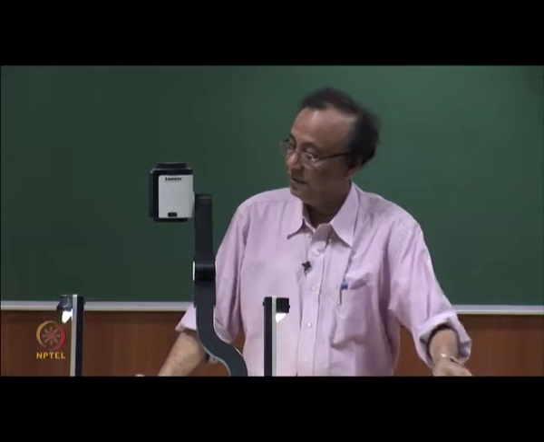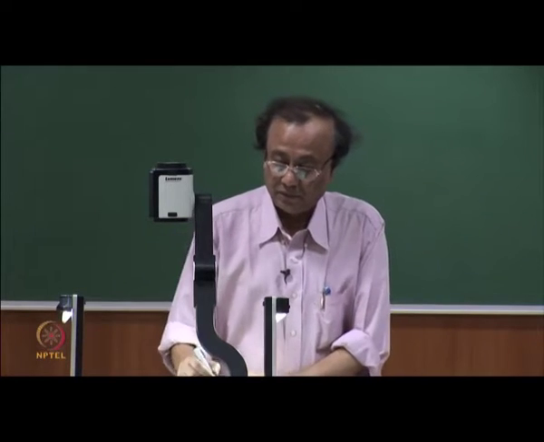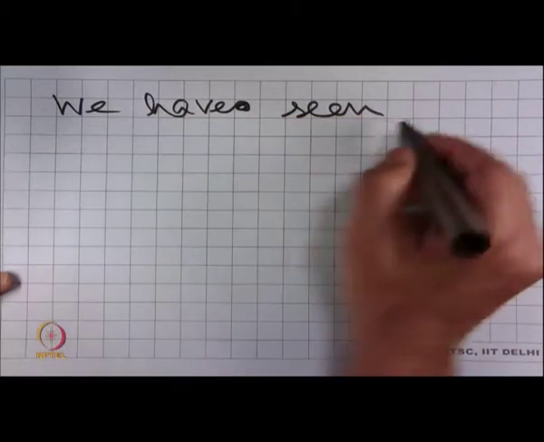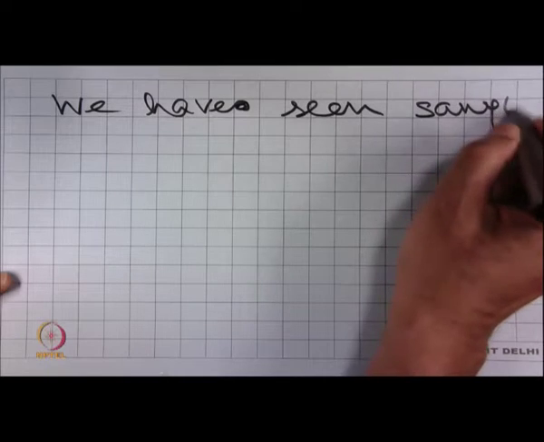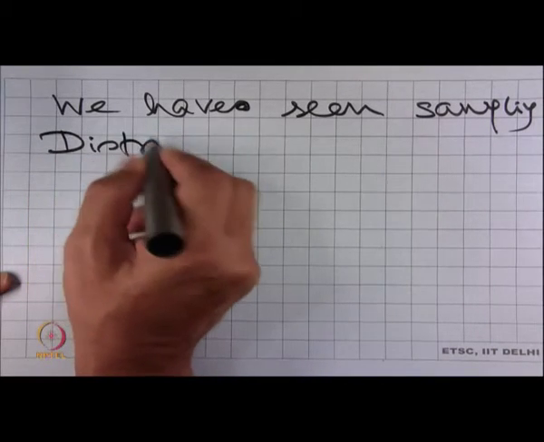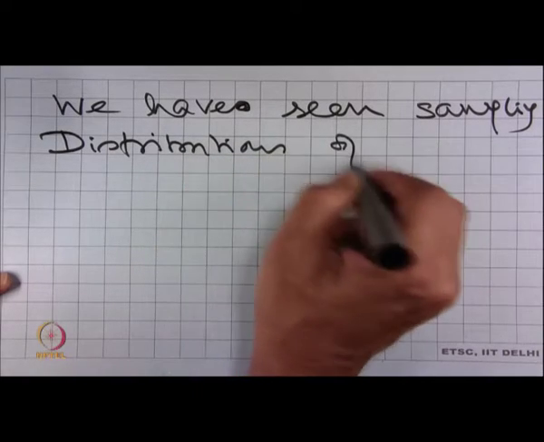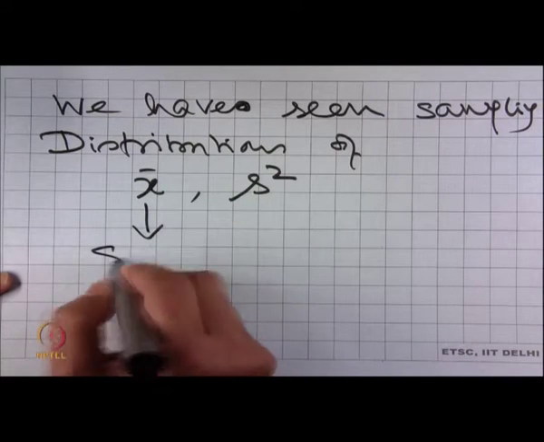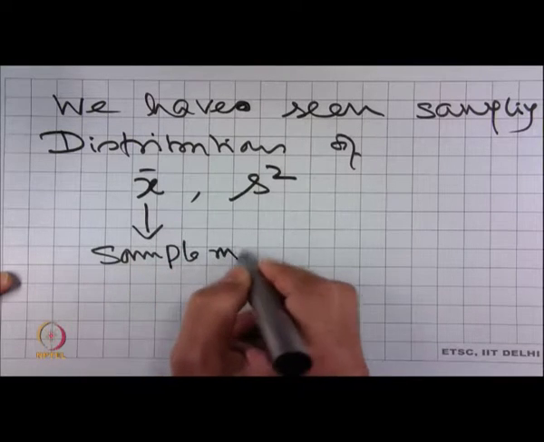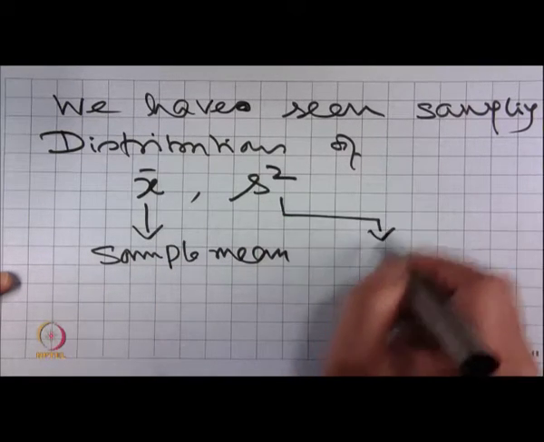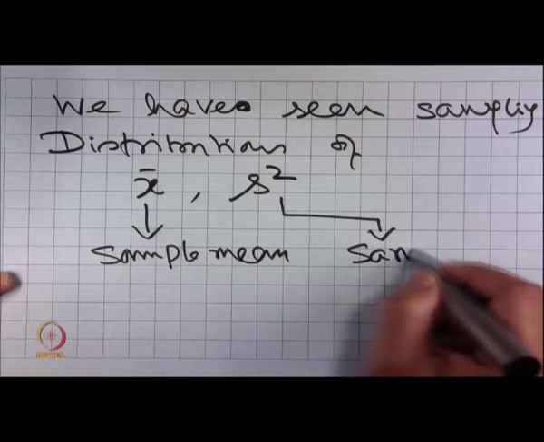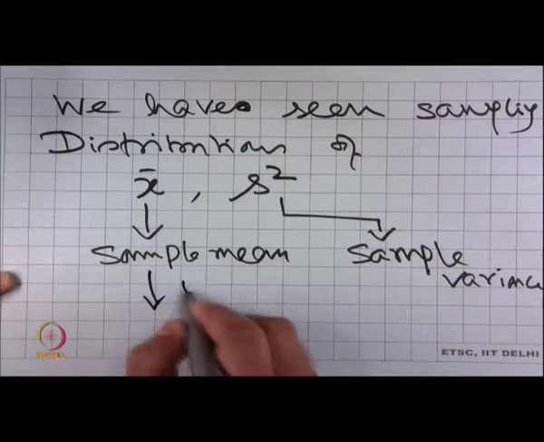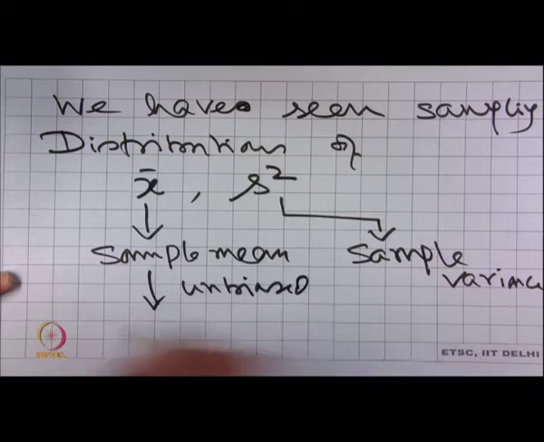If you remember, in the previous classes we have seen sampling distributions of, say, x bar and s square, this is the sample mean, this is the sample variance, and we have seen that this is unbiased for population mean.